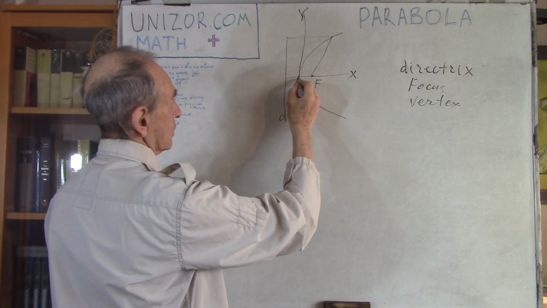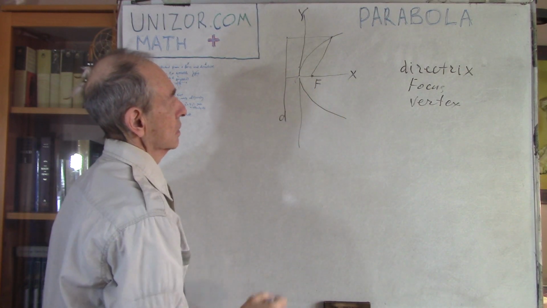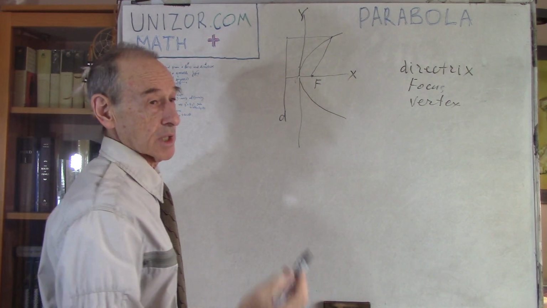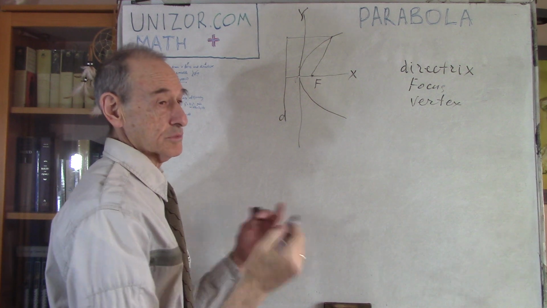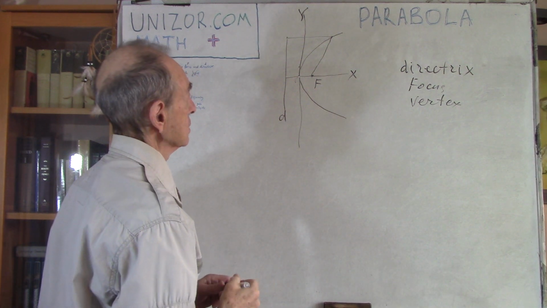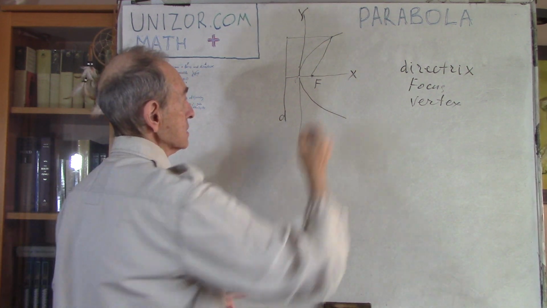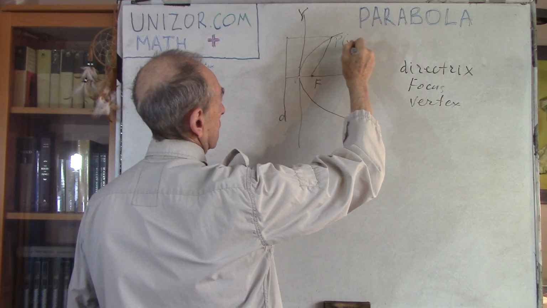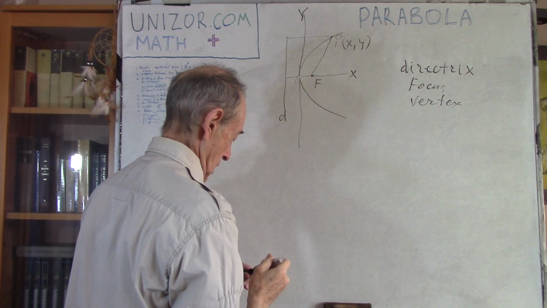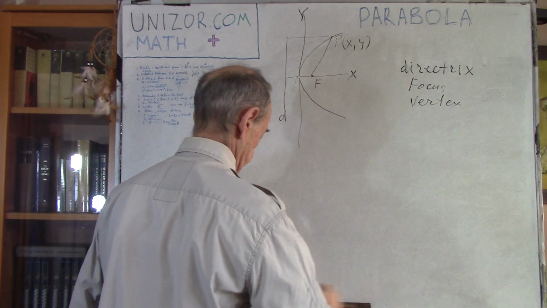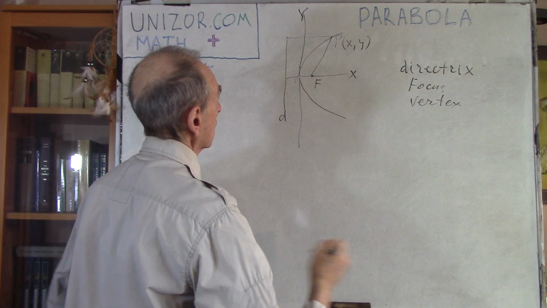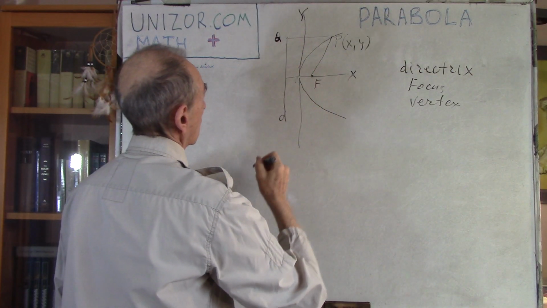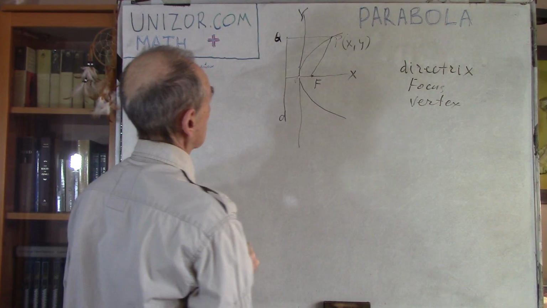Now in this case, for instance, point x0, y0 belongs to the parabola. So we need some kind of equation, a function of x and y. Okay, so how can we do this? Well, you have to calculate this distance. Let's say this is P, with coordinates x, y. Now this, let's call it Q. What are the coordinates of Q?